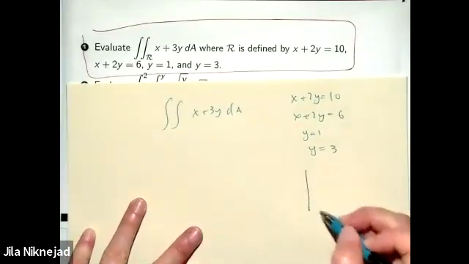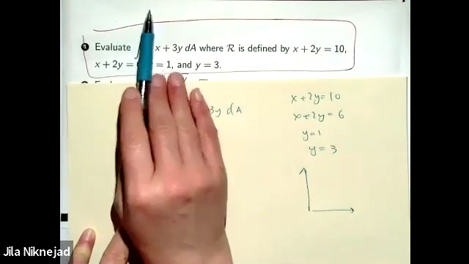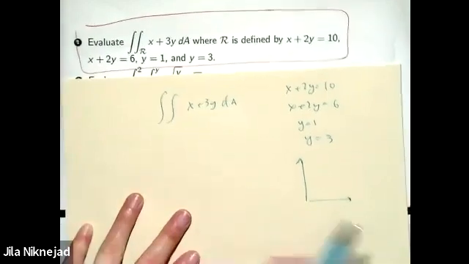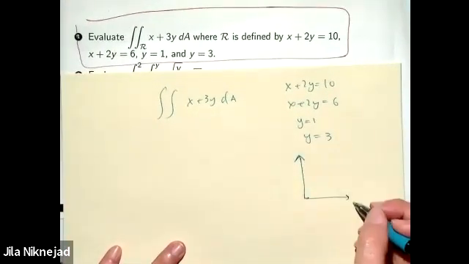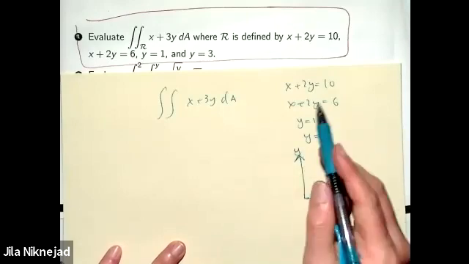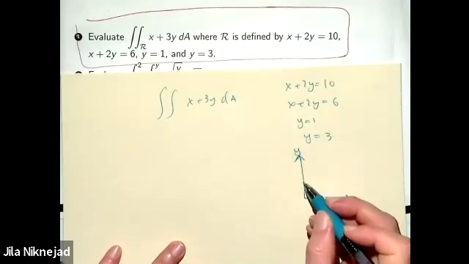It's not too bad. But we may ask you to do the change of variables and do this problem. So let's do x and y. And what do I have? I have x plus 2y equal to 6.